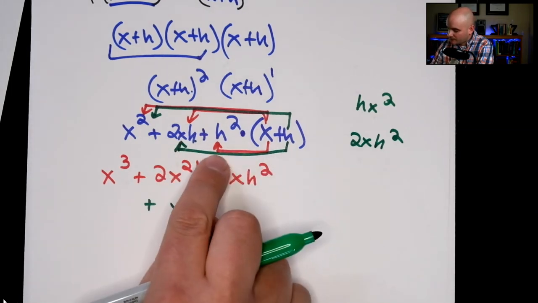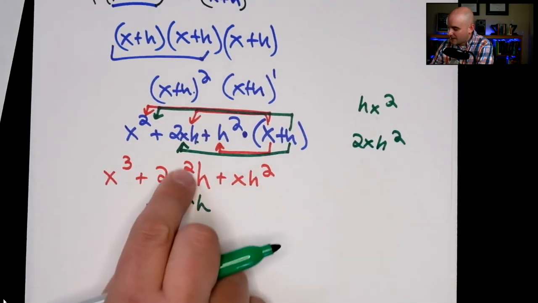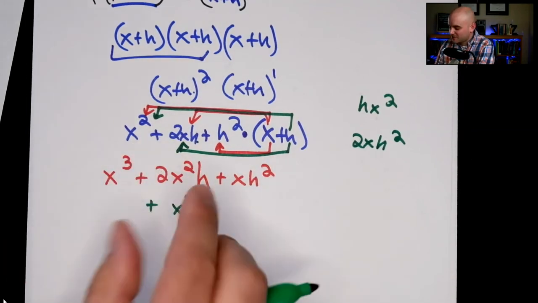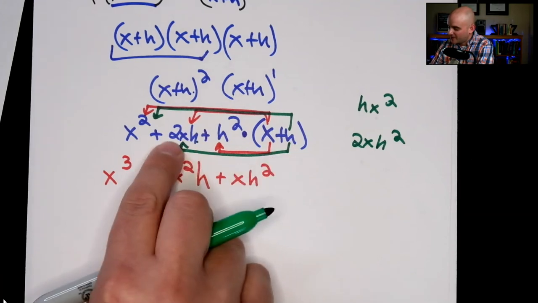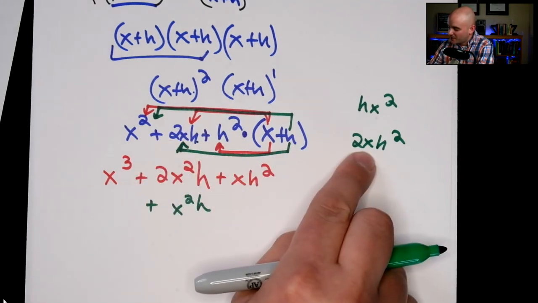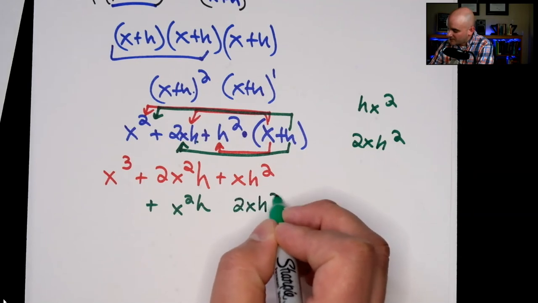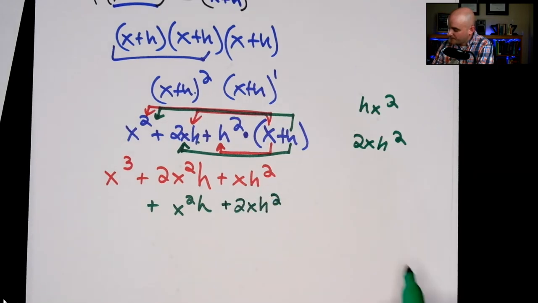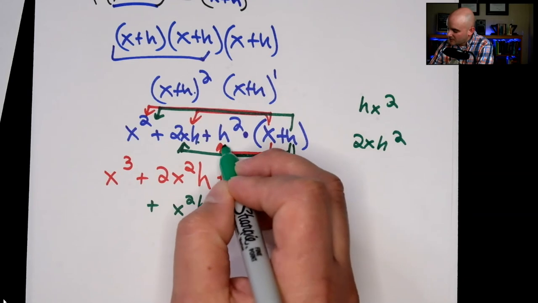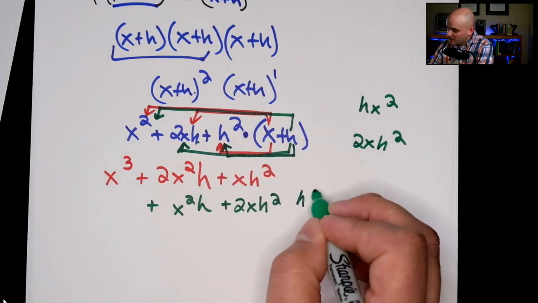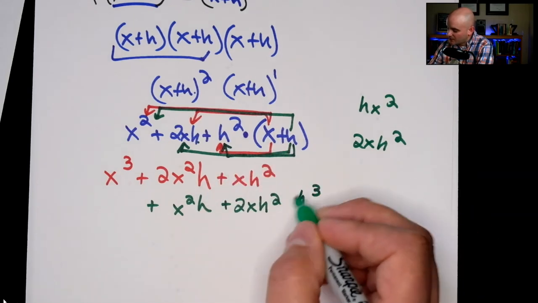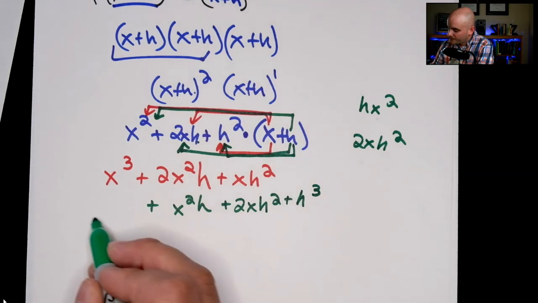No, wait. Did I already do that one? I did not. Okay. When I start talking, sometimes I lose my place. I haven't done that one yet. All right, so 2xh squared. And I'm going to put that one right below here, 2xh squared. And then lastly, I'm going to do h times h squared, and that gives me h cubed. And there's nobody to go with. I'm just going to write them right here.